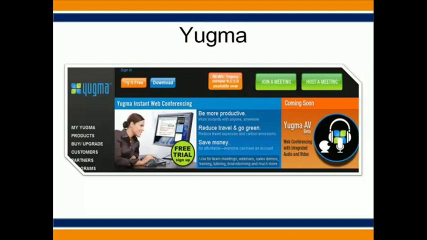I haven't tried Yugma myself, but here's what it seems to offer. 20 attendee maximum, free teleconferencing, desktop, mouse, and keyboard sharing, change presenters, whiteboard, private and public chat, ability to record your webinar, hosted pre-recorded webcasts, Windows, Mac, and Linux, 100 megabytes shared file space, email, phone, and web mail support, free trial on sign-up.